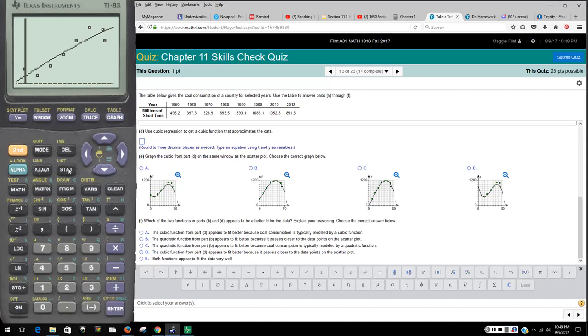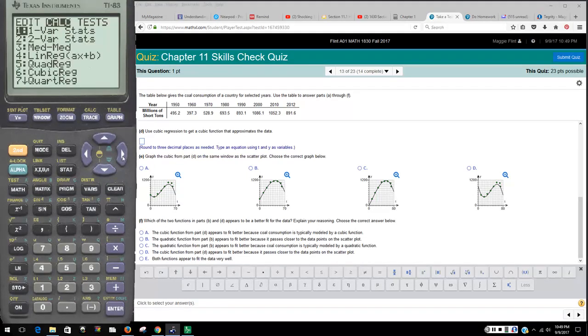Okay, stat, over to calc, and down to number 6, cubic regression instead.